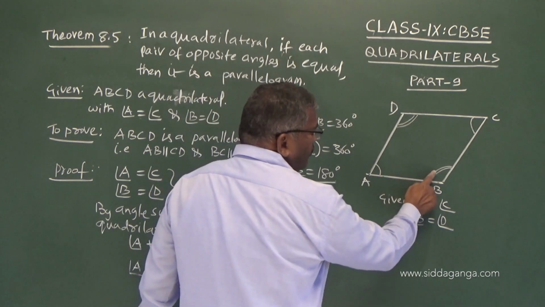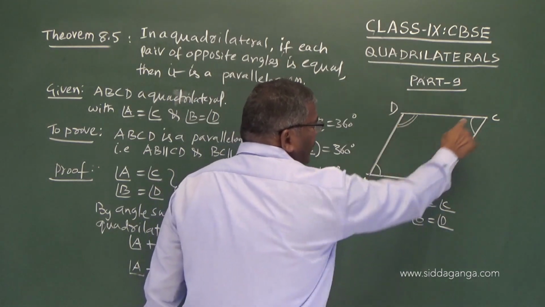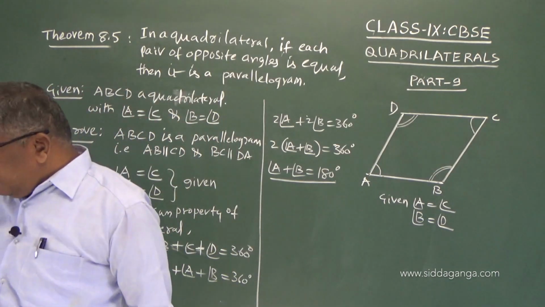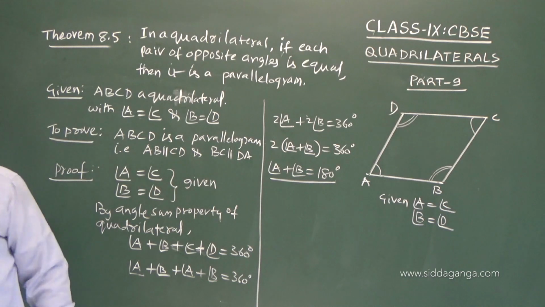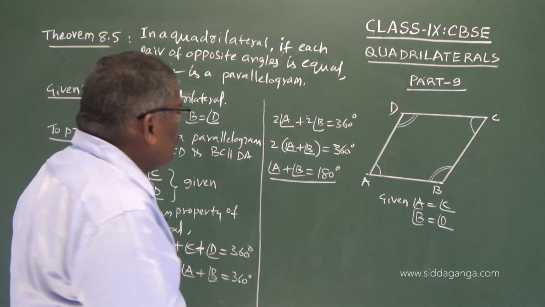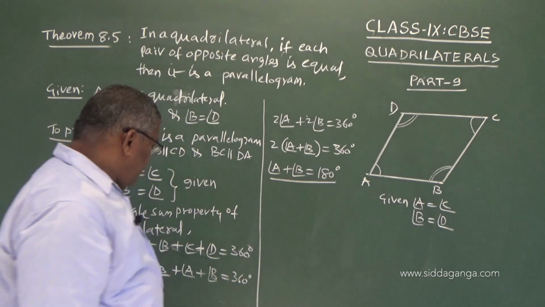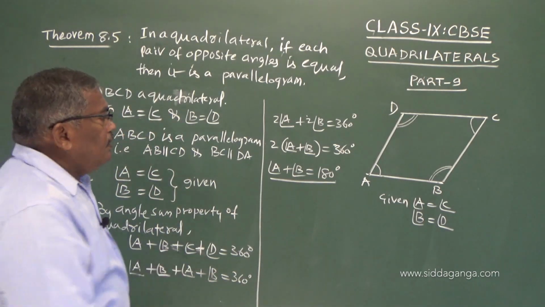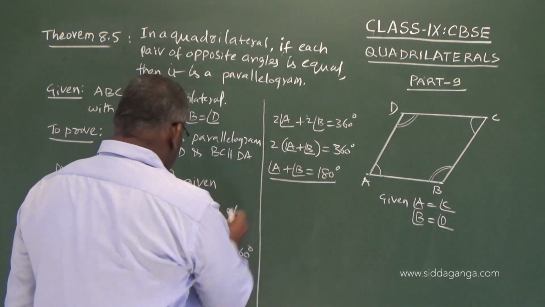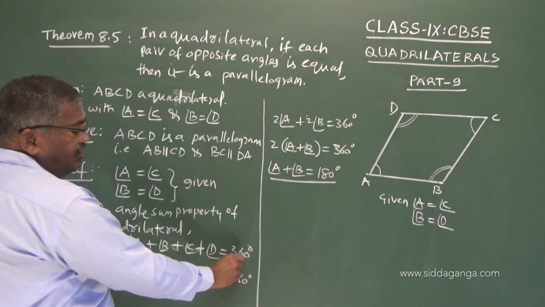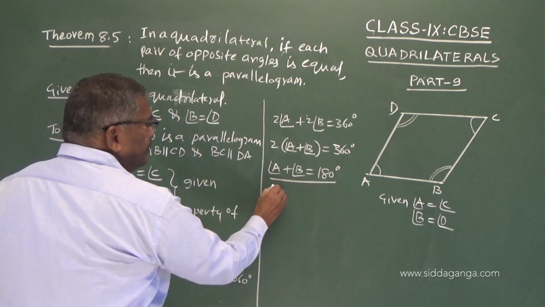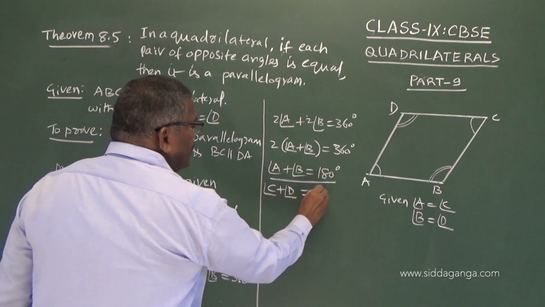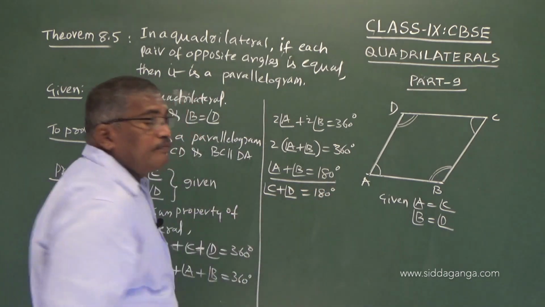Therefore, when these two are 180 degrees, the lines are parallel. So A plus B is equal to 180 degrees, and because the sum of all four is 360 and two are 180, angle C plus angle D is also 180 degrees.